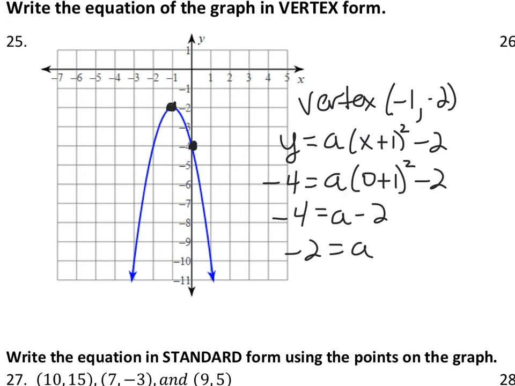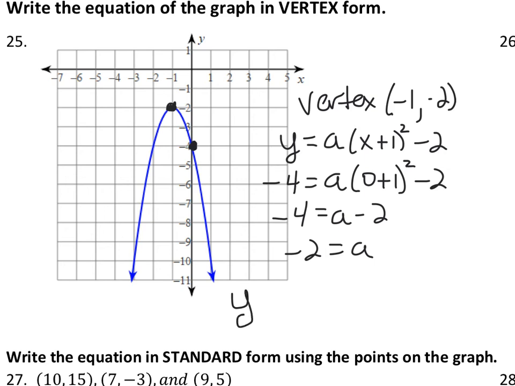Okay, so when I plugged in my -4 and my 0 for my y and my x, I simplified this to a because 1 squared is just 1, so that's just 1a minus 2. Then I add 2 and I get -2 equals a. Now I'm ready to write my equation because I have all my pieces.